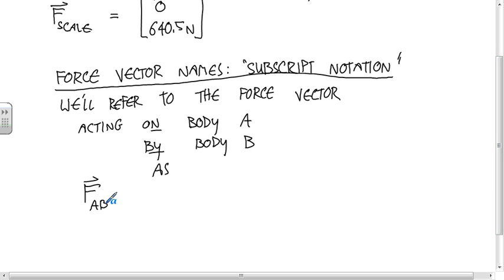So when we use this notation for force vectors with two subscripts like this, the first subscript is the thing that is feeling the force. It's the chosen object. And the second thing is what's applying that force. Okay.